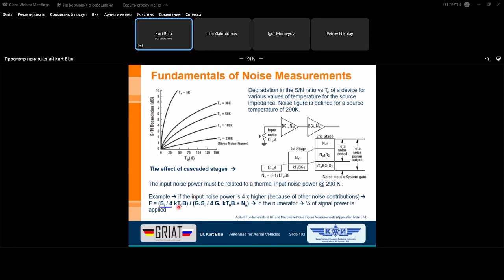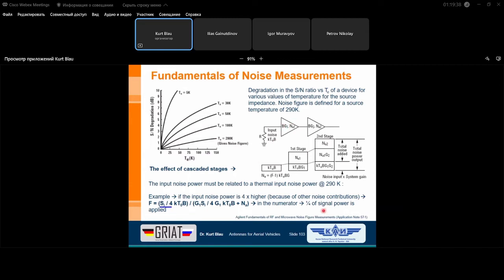The input signal power is only a fourth regarding this thermal noise power, k, T0, and the equivalent noise bandwidth of the cascaded amplifier.